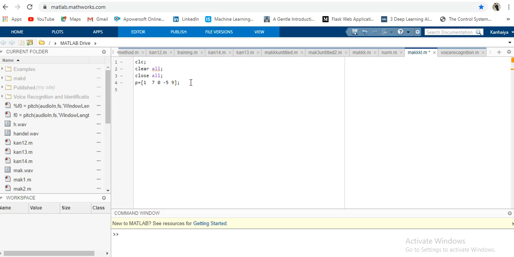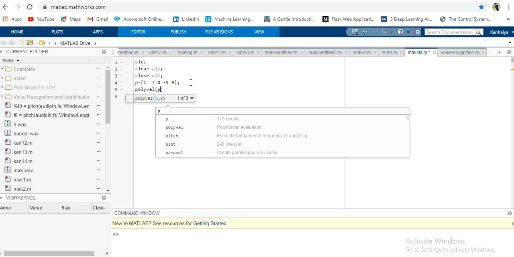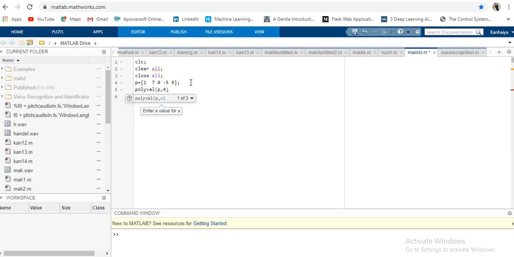This is our value p, and now we have to evaluate this polynomial at x equal to 4. So we will use the MATLAB function polyval, because we have to find the value of polynomial p at x equal to 4. So we will define 4. We can even find it for a range of values. Suppose it is q.